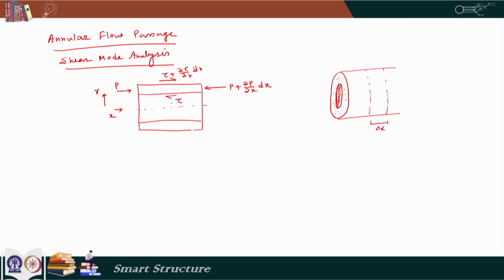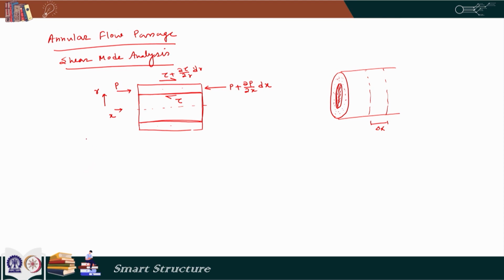So here we have tau. So this is our solid cylinder inside, this is the top boundary of the outer cylinder, the bottom boundary of the outer cylinder, and this is our annular region. Now we are studying only one annular region, and that is sufficient for understanding the flow behavior.